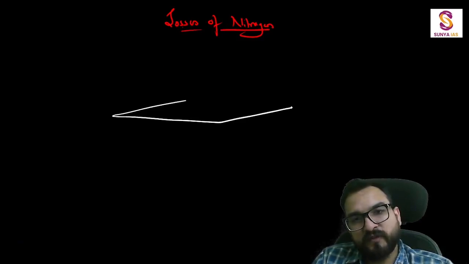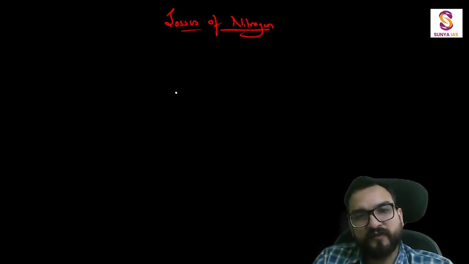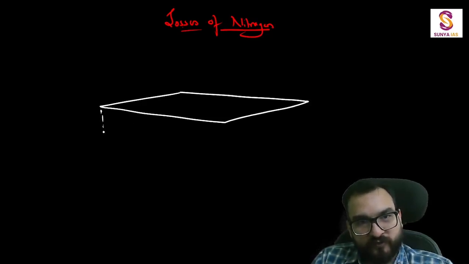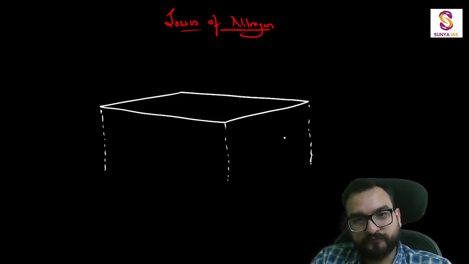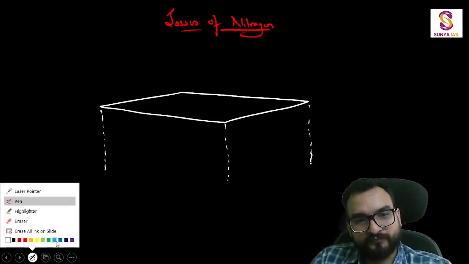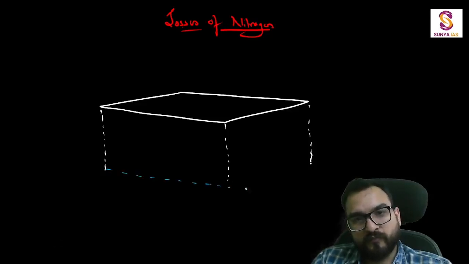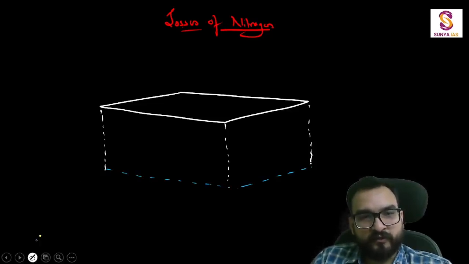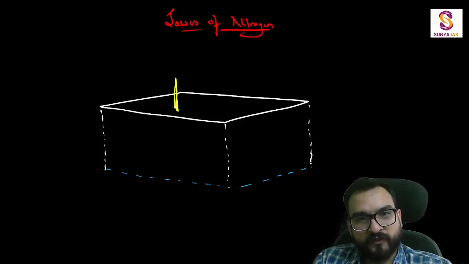So suppose this is our field over here. This is the field, and I'm giving you a 3D picture of a field. That means we are going a bit underground. Over here you will be seeing your plant, and plants will have roots.